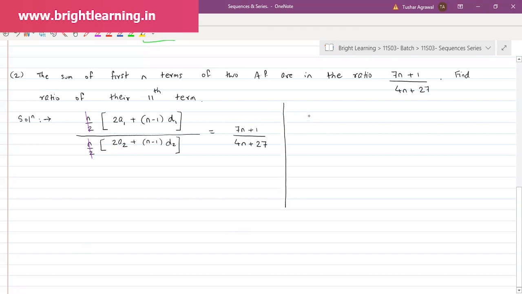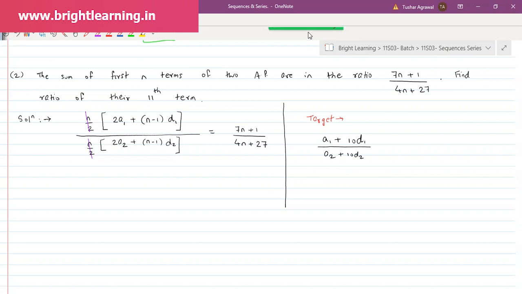My target is what he has asked of me, which is the ratio of the 11th terms. The ratio of the 11th term is something like A1 plus 10 times D1 upon A2 plus 10 times D2. This is asked, yes or no?